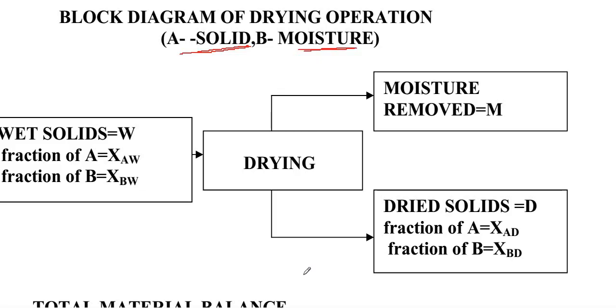Here we have the drying operation, and the equipment which is used for this drying operation is called dryer. To this dryer, the incoming stream will be the wet solids. There are two output streams: one is the moisture removed and the second one is the dried solids. So these are the two output streams and one input stream.